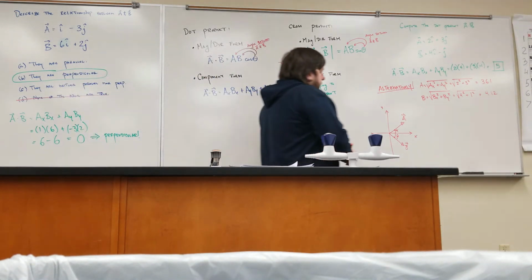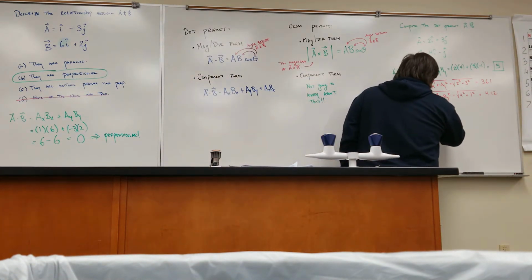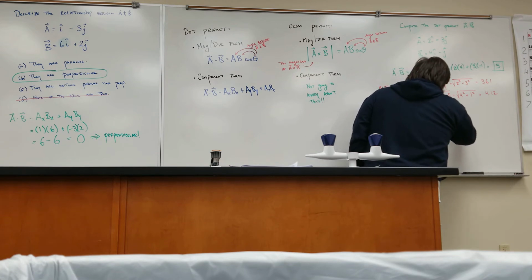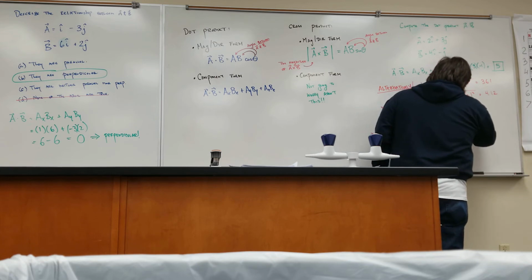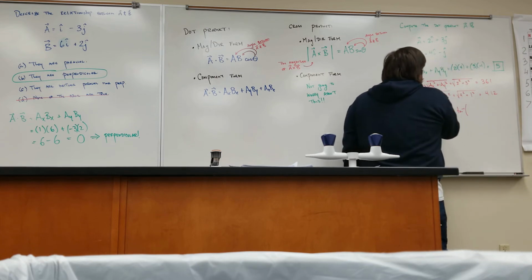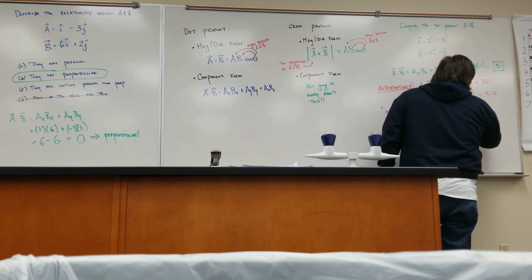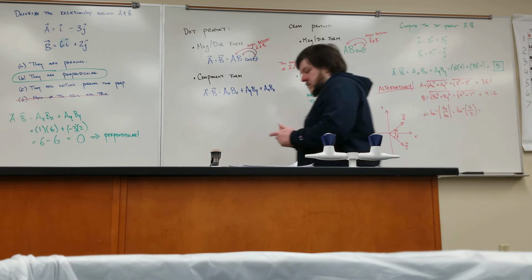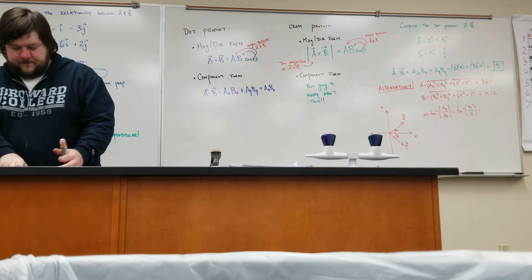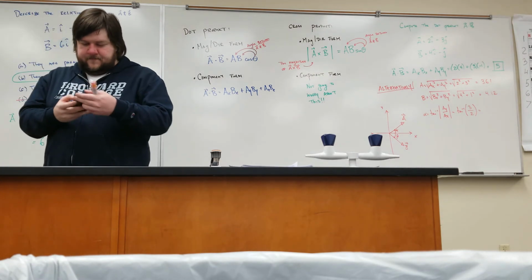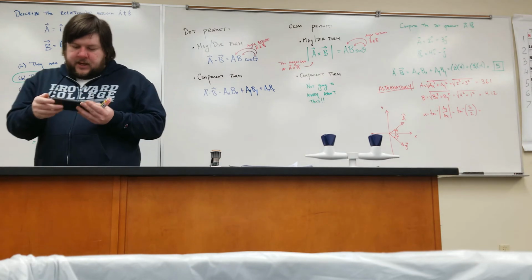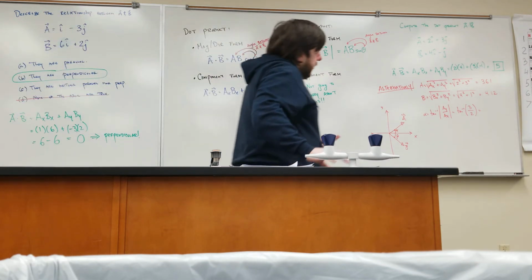So alpha will be the inverse tangent of the absolute value of AY over AX, which is the inverse tangent of AY is 3, AX is 2, over 2. Inverse tangent is 56.3 degrees.